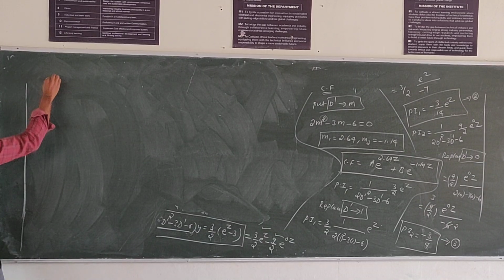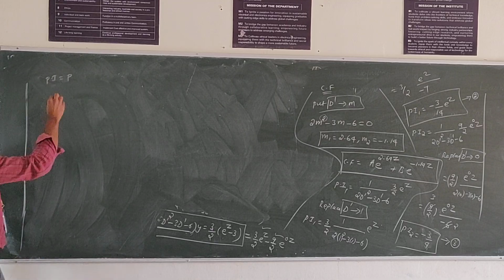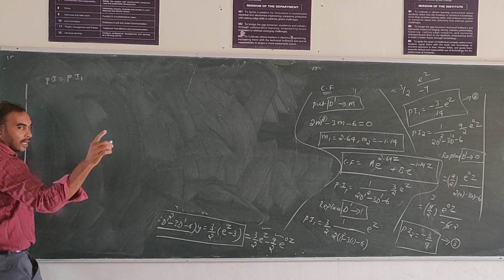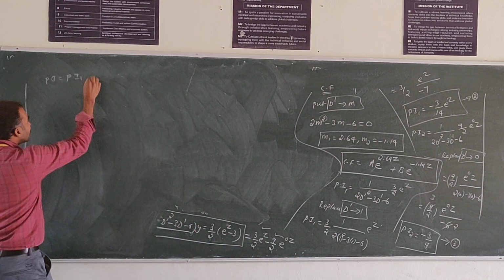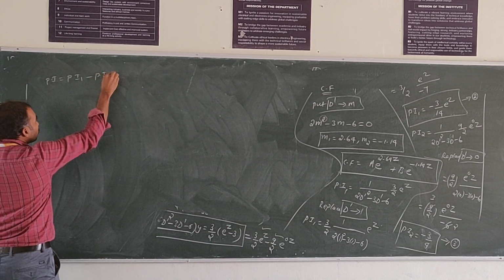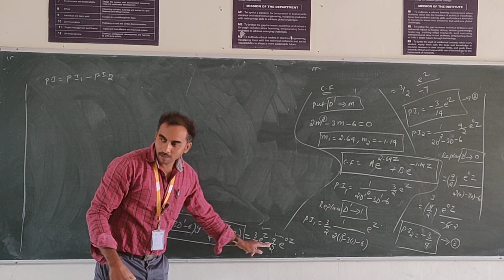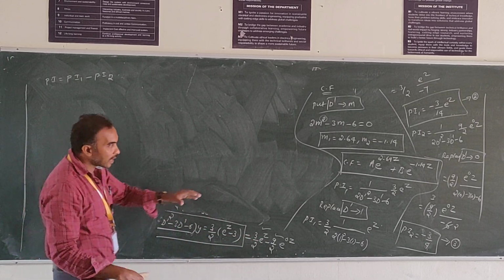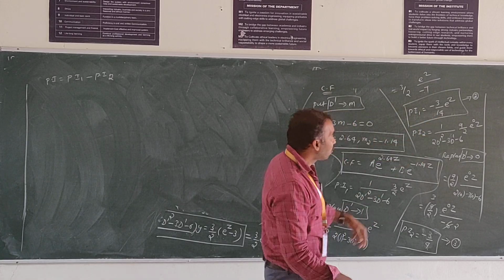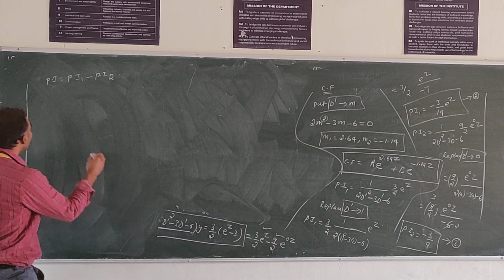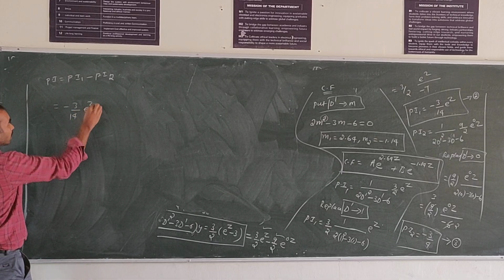Then particular integral equals particular integral 1, here minus is there, so minus particular integral 2. Suppose here plus, then you have to write plus. So what about particular integral 1? Minus 3 by 14 e power z.